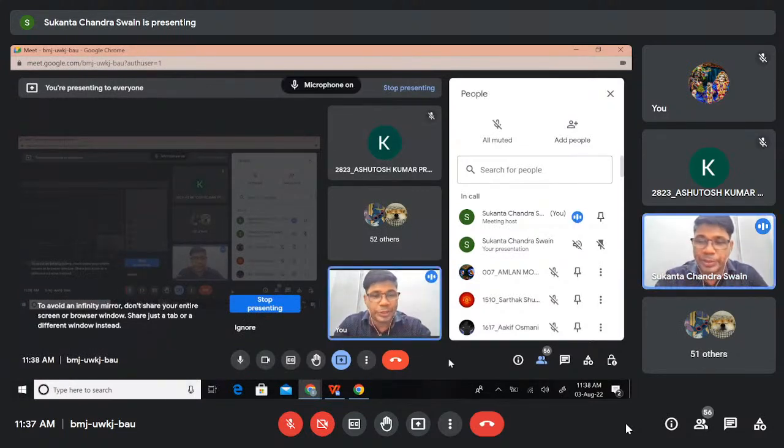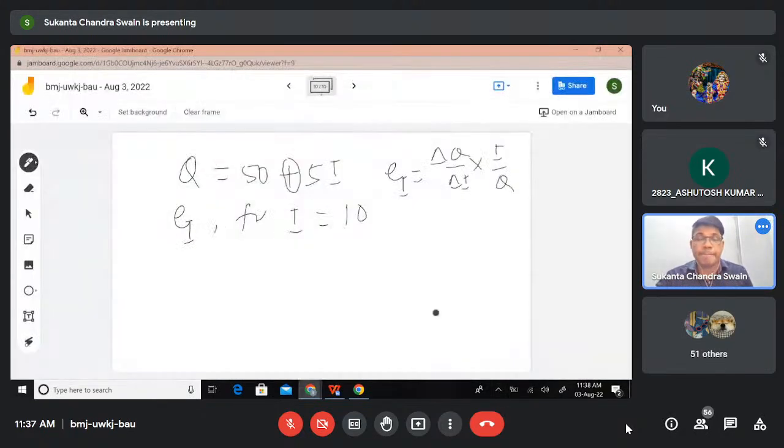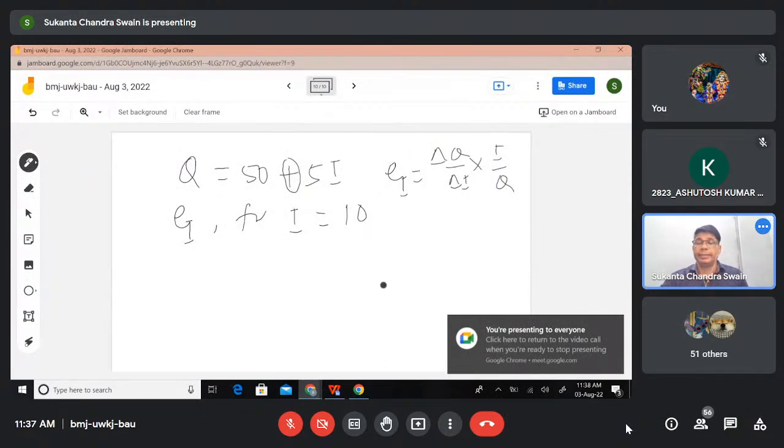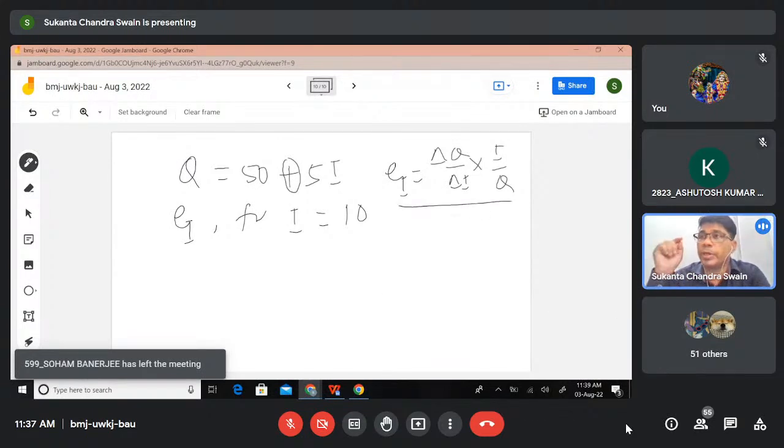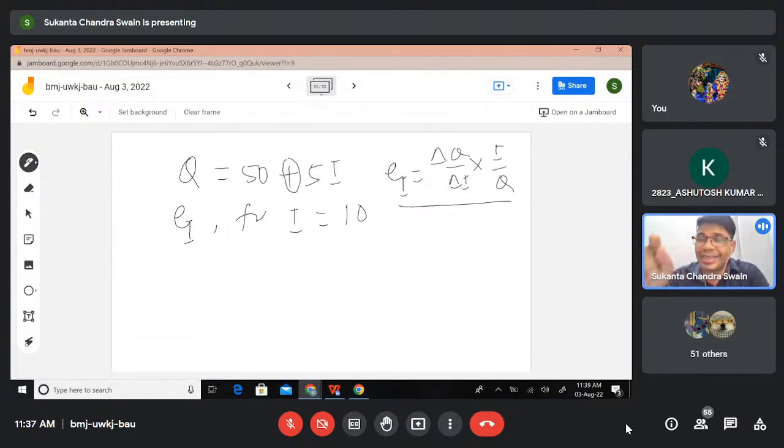Sorry for the intervention. What we are doing? This is the formula as per the percentage method, but this can be converted to this one, dQ by dI into I by Q, the way we did for price.